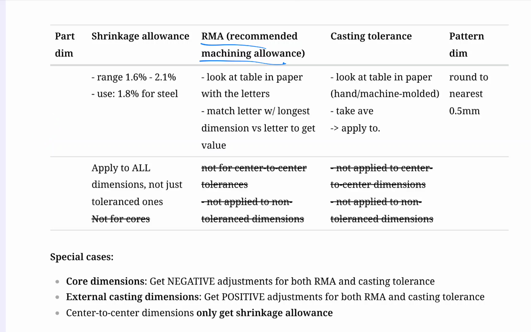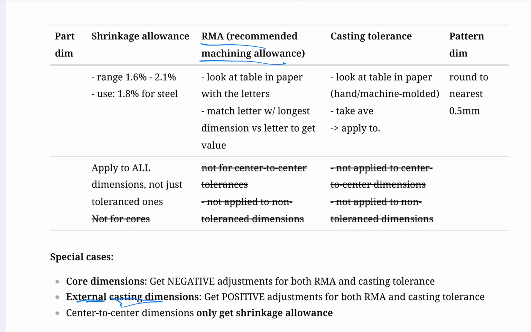But in general, it is additive. You're going to add a little bit to that dimension because it's going to be machined off anyway. And that's for general dimensions, not core. I'll explain why the core is different just now, but you can see how this makes sense.